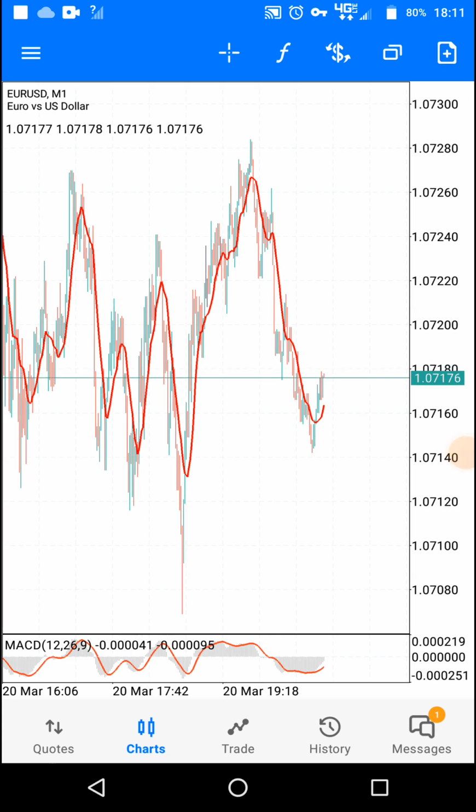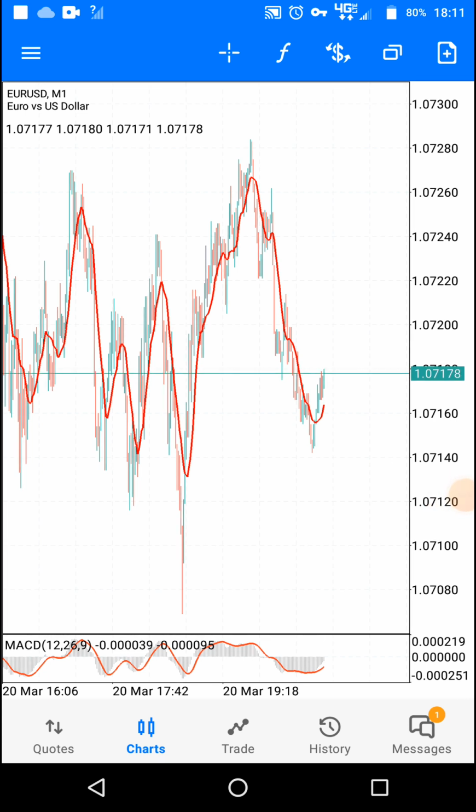So per where the market is, I will predict a buy, because based on my technical analysis, it will rise again. It's an uptrend, it's going up. So I'll buy around this price, which is 1.0717.